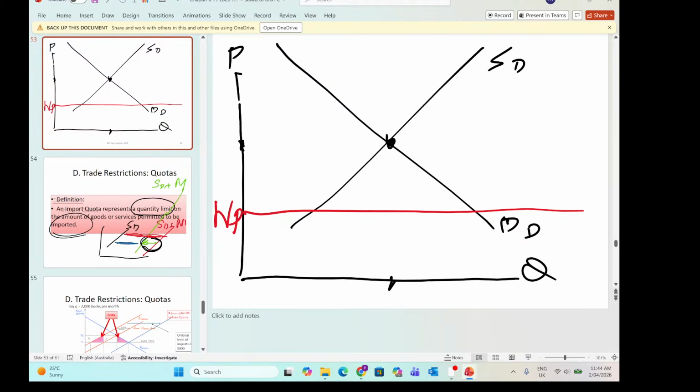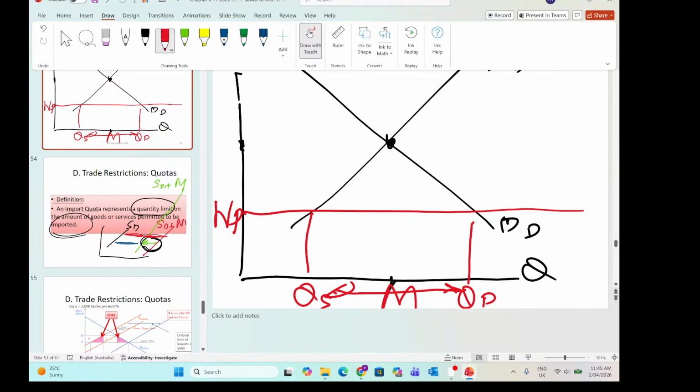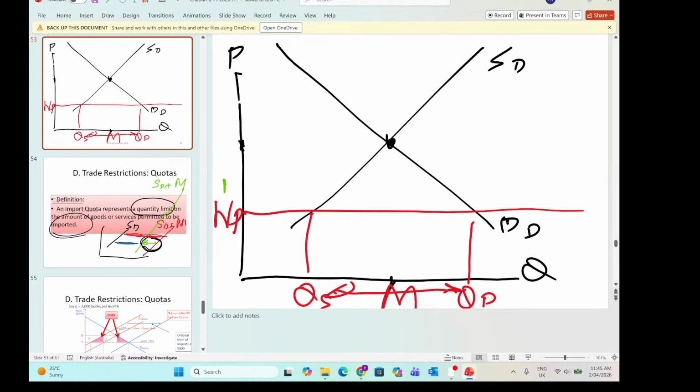And at the world price, the local firm produces QS and the local demand is QD. And the difference between these two is the level of imports. There's the level of imports in free trade. And then how does the tariff work? The tariff works because then the government adds a tariff, T. The price comes up here to the green line.